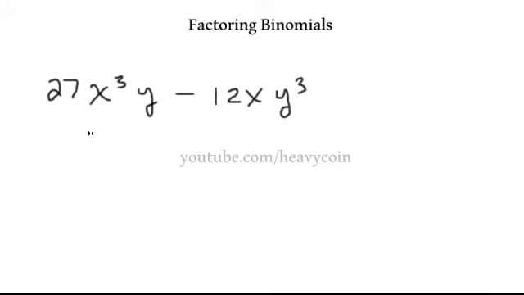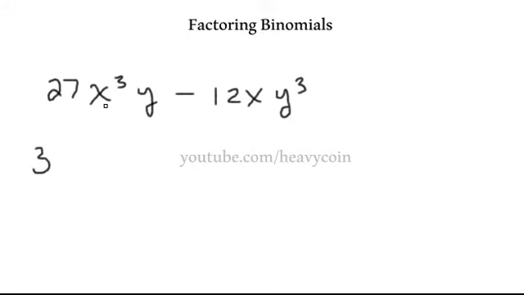So we have a binomial and we want to factor it. So we look for the largest number that goes into both 27 and 12. And I do believe that is going to be, let's see, that factors 9 times 3, so it looks like 3 is the largest number that goes into both of those.